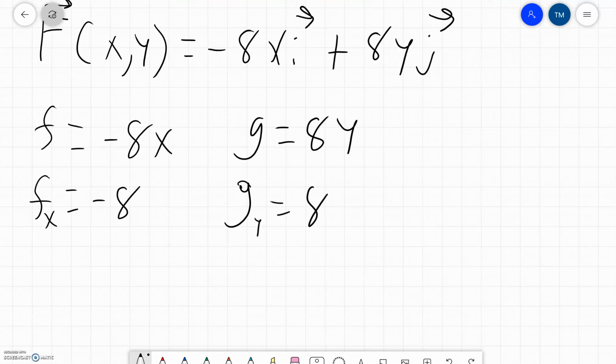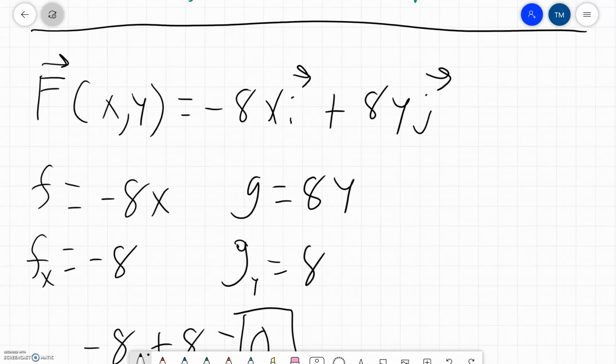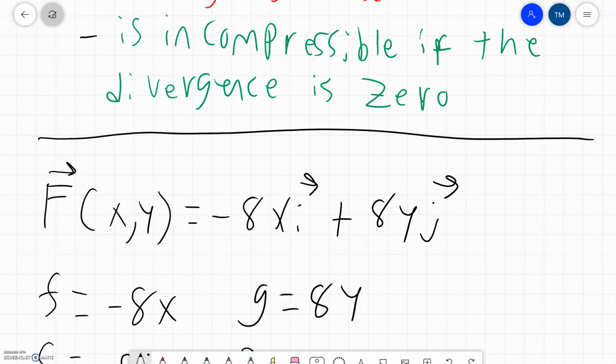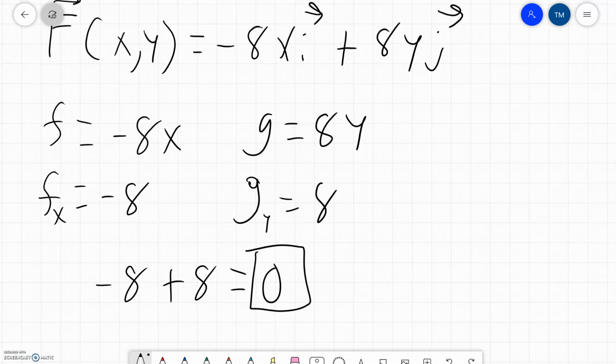So thus, here, -8 plus 8 equals 0. And if we go back up, we see that it is incompressible. So this is the divergence for this vector. Now we're going to look at another example where we use trig functions.